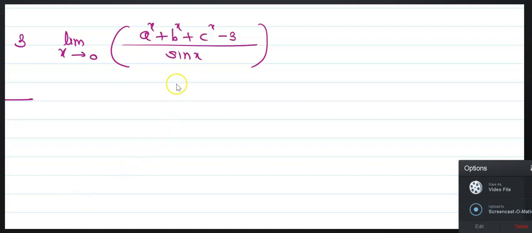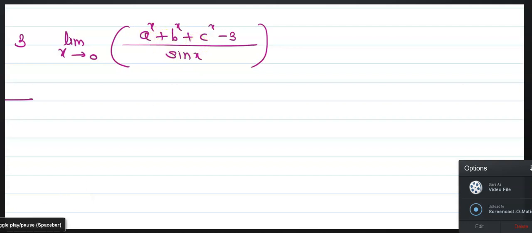In this case, we require sin x upon x. Therefore, by observation, we can directly say that we divide the numerator and the denominator by x. But again, we require a^x − 1, b^x − 1, plus c^x − 1, and we have minus 3 there. Therefore, minus 1, minus 1, minus 1 is distributed for these a, b, c.